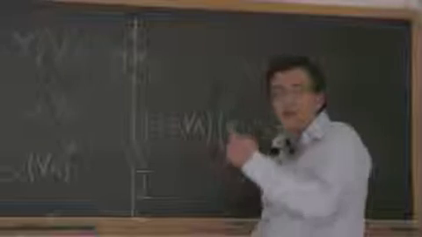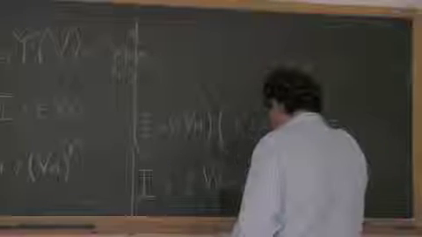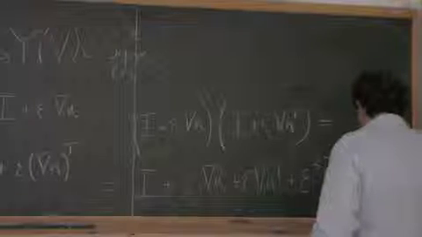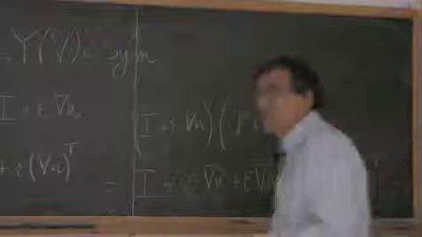This is algebra. So I write 1 times 1 equal 1. Of course, this is not one real number, this is the identity. Plus epsilon grad U times identity. Then I have identity times epsilon grad U transposed. And then I have epsilon square grad U grad U transposed. Okay?